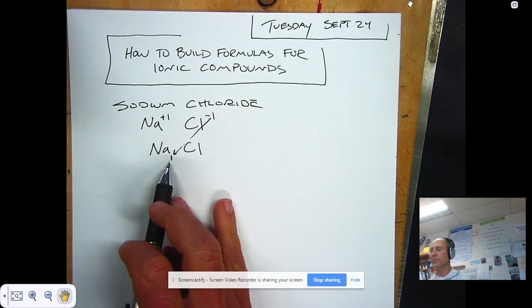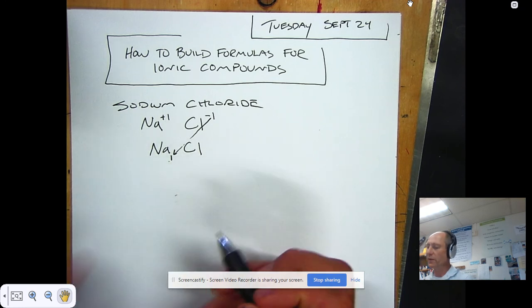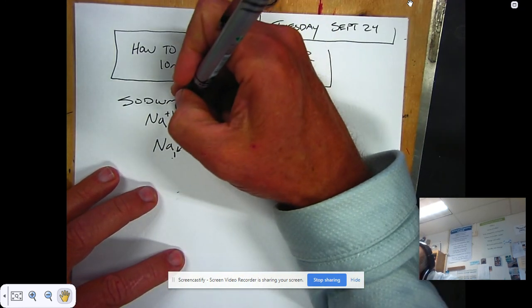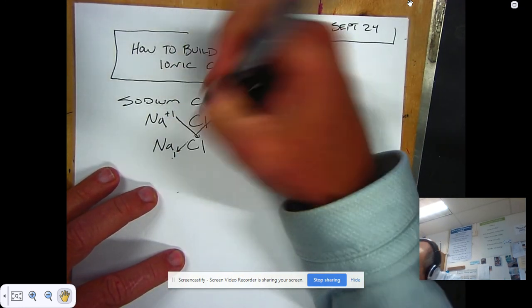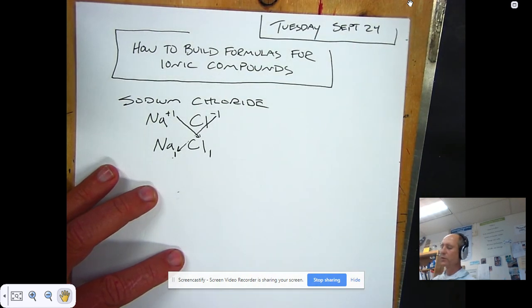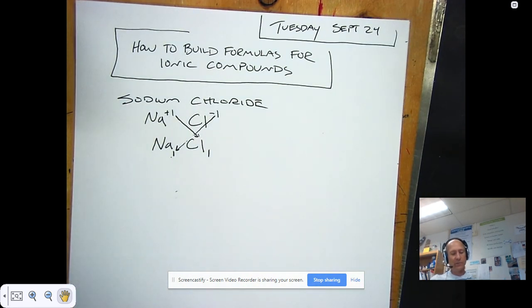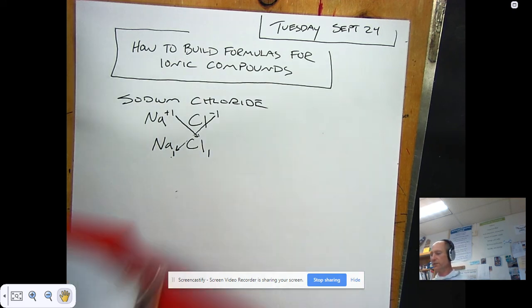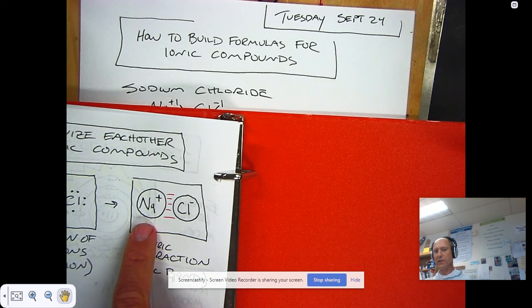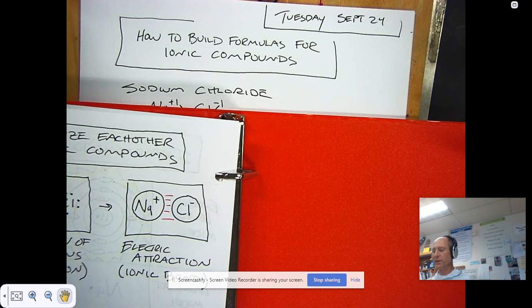And that indicates how many ions we're talking about. So we're talking about 1 sodium ion here. And we're also talking about 1 chloride ion. Because remember, sodium chloride has 1 sodium ion and 1 chloride ion.